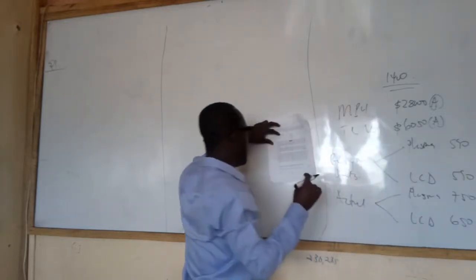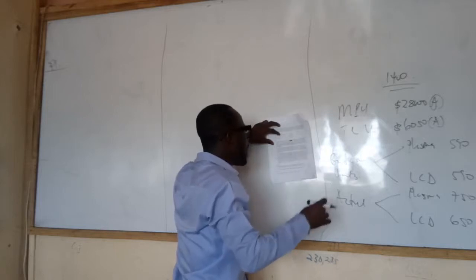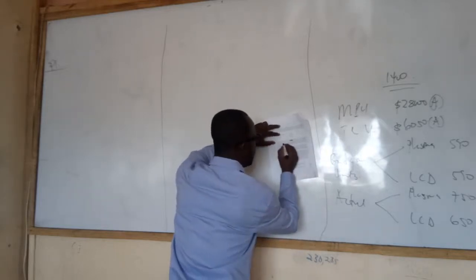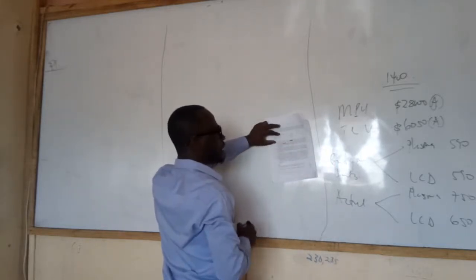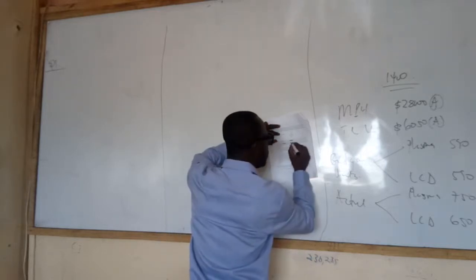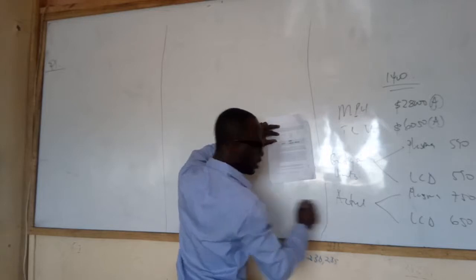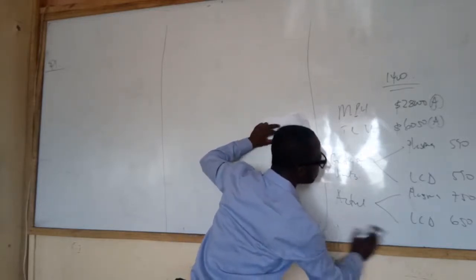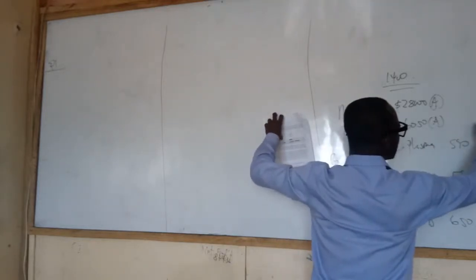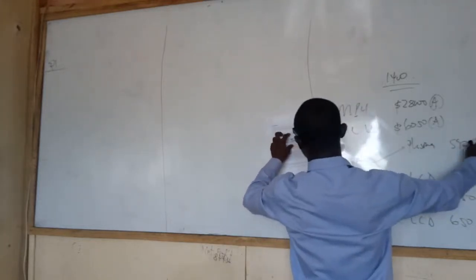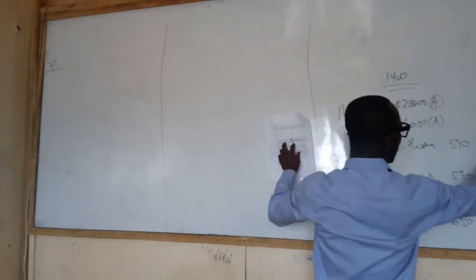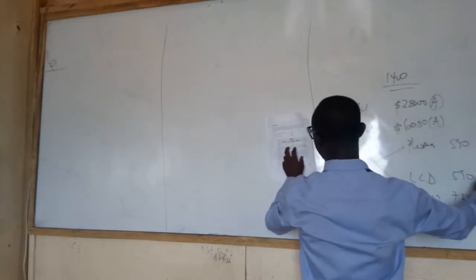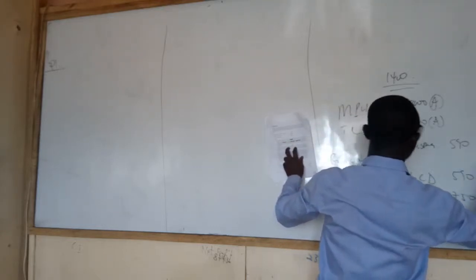The standard selling price is 350 for plasma, and LCD is 300.